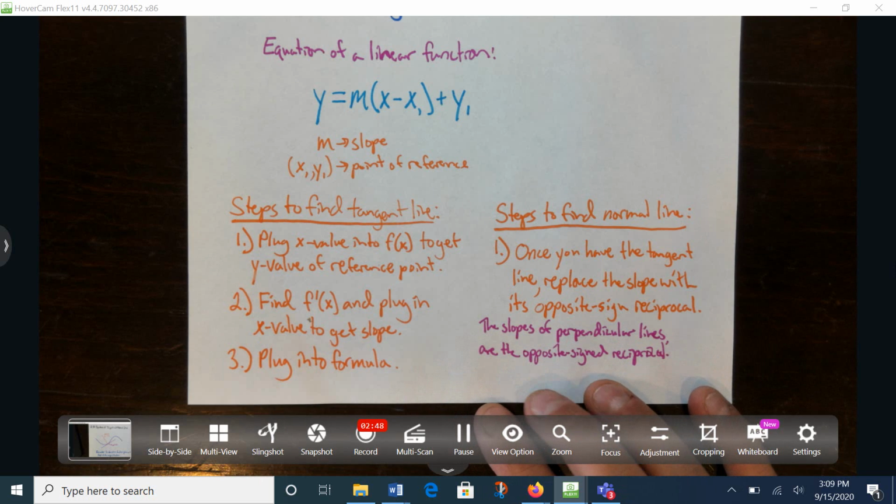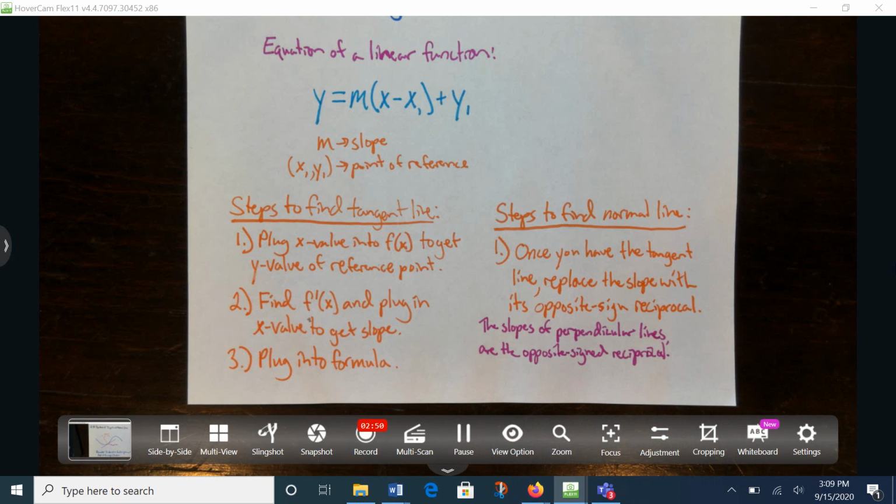To find the normal line is really easy once we have our tangent line. Once you have the tangent line, just replace the slope with its opposite sign reciprocal. Because if you recall from, gosh, was it geometry maybe? When you have perpendicular lines, their slopes are the opposite sign reciprocal. So I just wrote that little note here. The slopes of perpendicular lines are the opposite sign reciprocal.